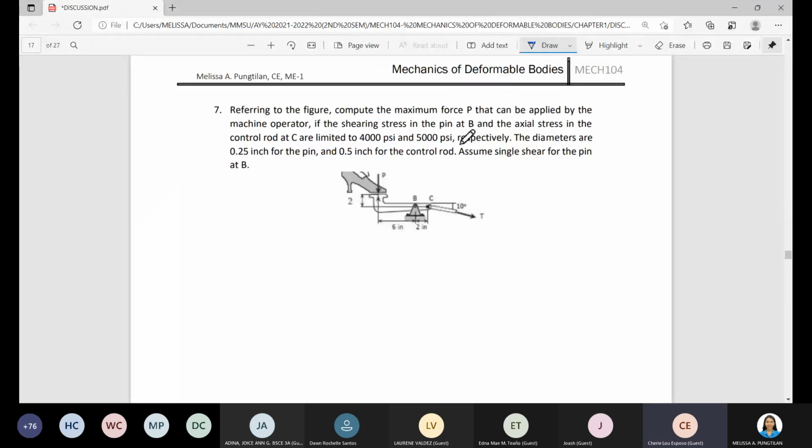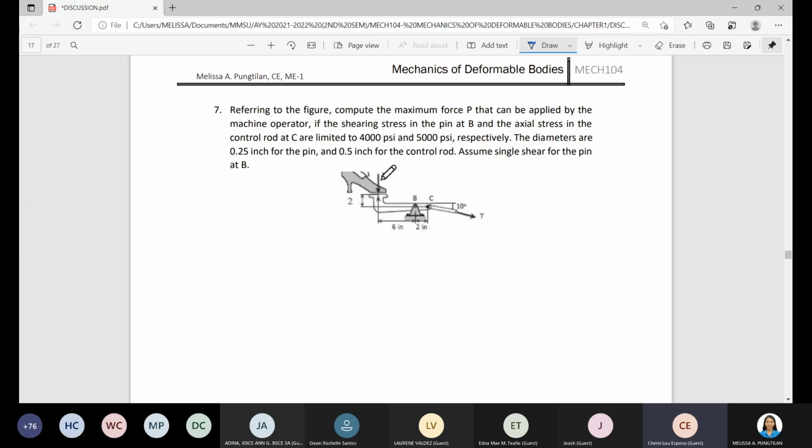According to the figure, compute the maximum force P that can be applied by the machine operator if the shearing stress in the pin at B and the actual stress in the control rod at C are limited to 4,000 psi and 5,000 psi respectively. The diameters are 0.25 inch for the pin and 0.5 inch for the control rod. Assume single shear for the pin at B.